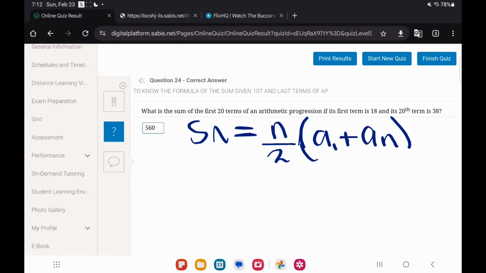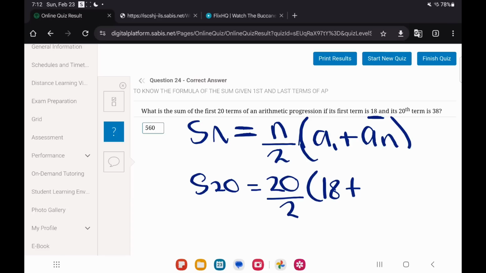This is when they give you 2 of the values. So S of 20 equals 20 over 2 times a1, they told you it's 18, plus the 20th term, which is 38. So do that, and you get 560 if you do it on your calculator. So this proves to you that that's how you solve it.